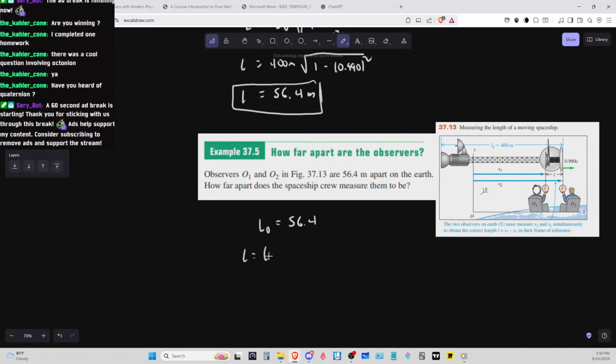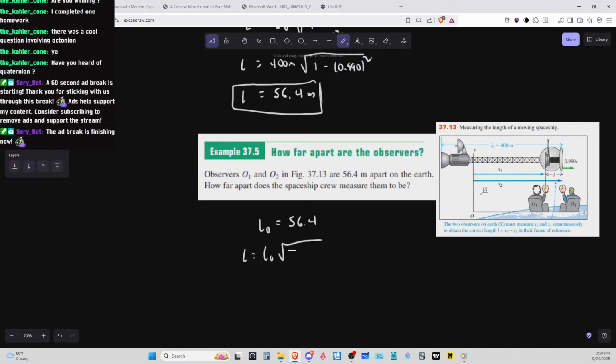L is still the same, and instead of 400 meters, maybe we can do it this way. Was it 9?